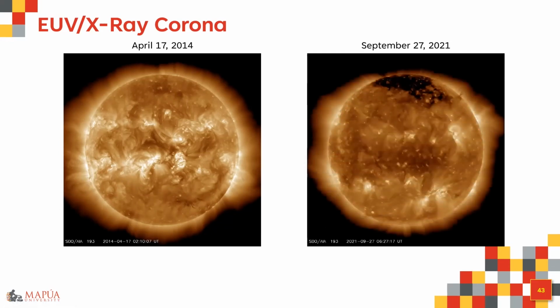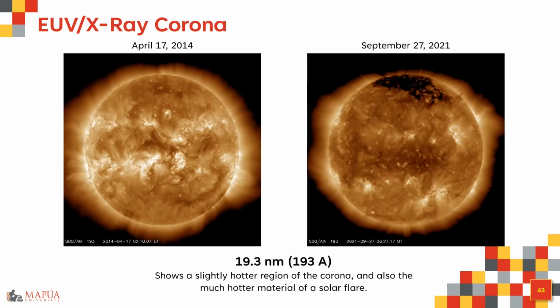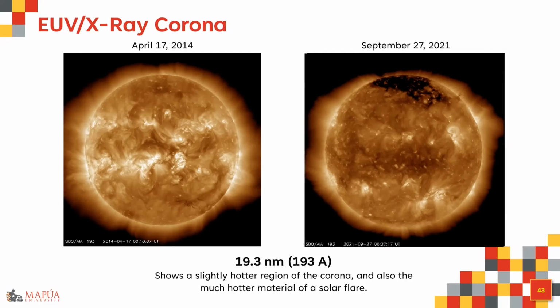So you can see the contrast between the two. So this wavelength is actually used to observe the solar corona. By the way, again, the wavelength that we use here is 19.3 nanometers. That's 193 angstroms. So this shows a slightly hotter region of the solar corona and also much hotter material of the solar flare. So we can actually observe solar flares using this wavelength or image of the sun.